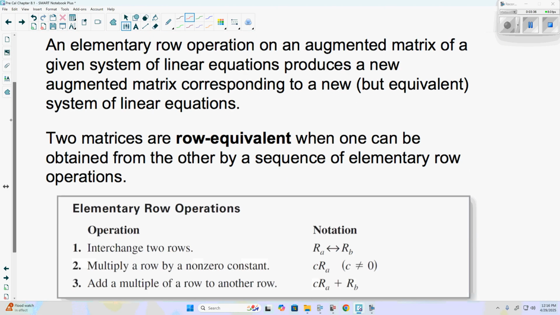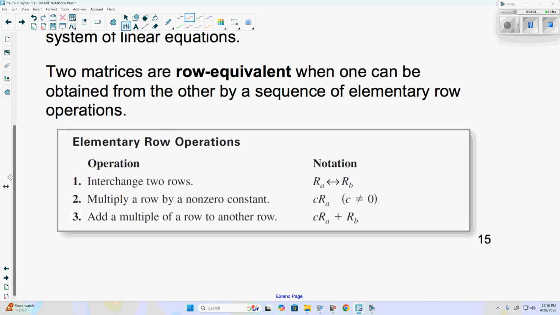Now, elementary row operations, we're not going to get too much into this because this is doing some of the stuff the calculator does by hand. There are 3 main things we can do. One is we can interchange rows. So rows of matrices we can flip, we can change them. We can multiply a row by a non-zero constant, we can scale it, and we can add a multiple of rows together.